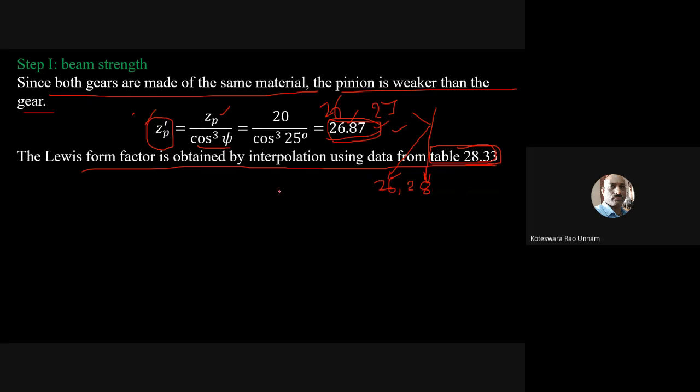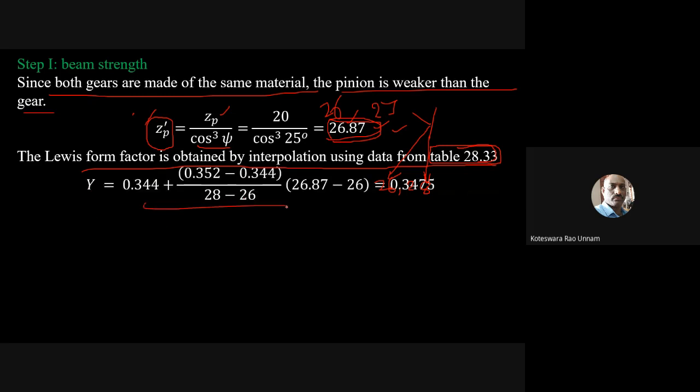Now if you refer to the same table 28.33 in your data book or the material shared by me, for 26 teeth it is 0.344 and for 28 teeth it is 0.352. Using those two values you need to interpolate for 26.87. This is the formula of interpolation.